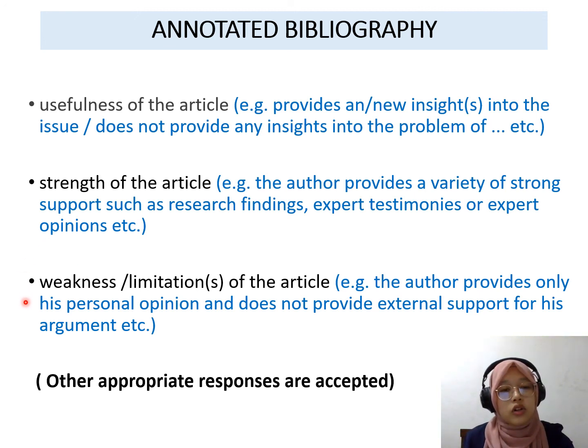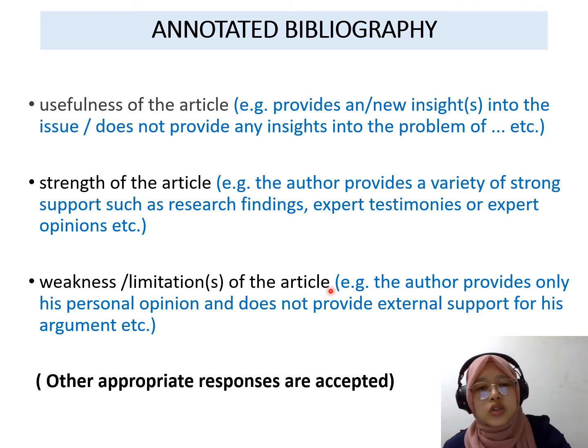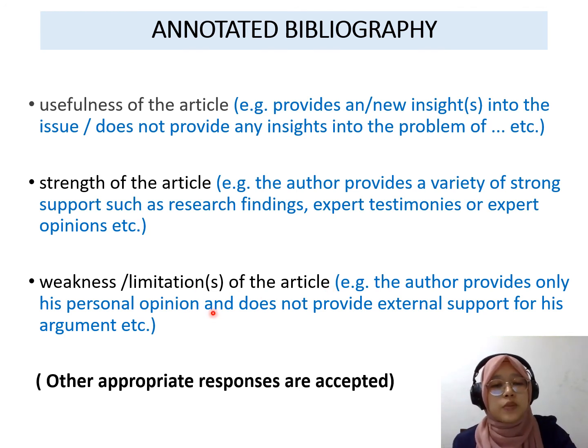And of course, weakness or limitations of the article. Usually there are always limitations. You can mention that the author provides only his personal opinion, does not provide external support, or maybe there are no research findings mentioned, no other experts' opinion. So you can mention it if you find weaknesses or limitations in the article you have read.